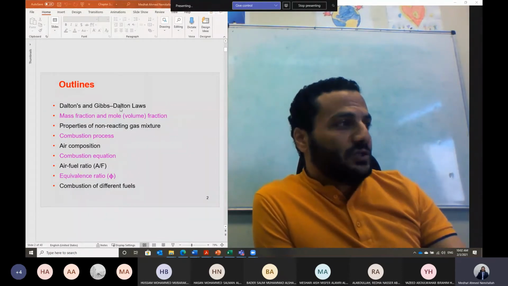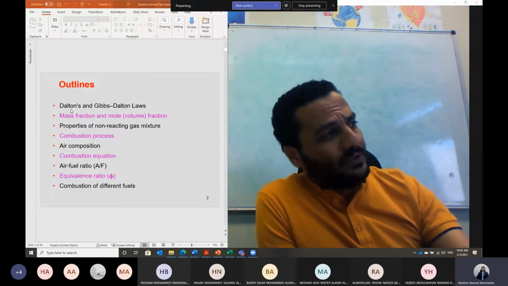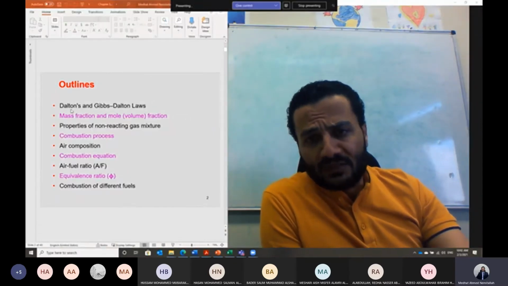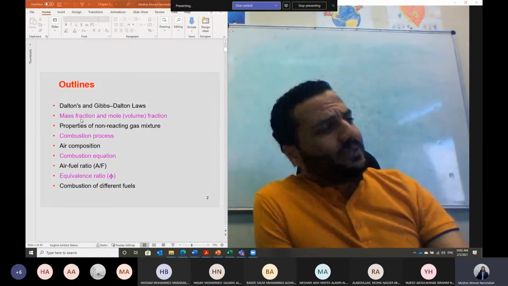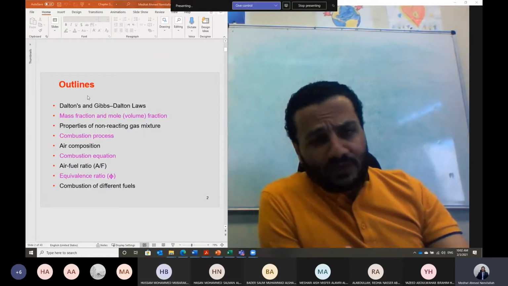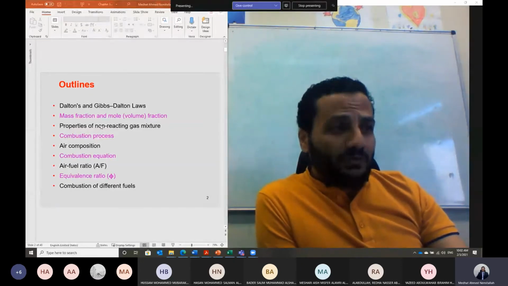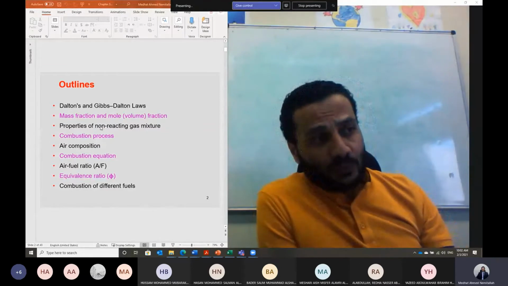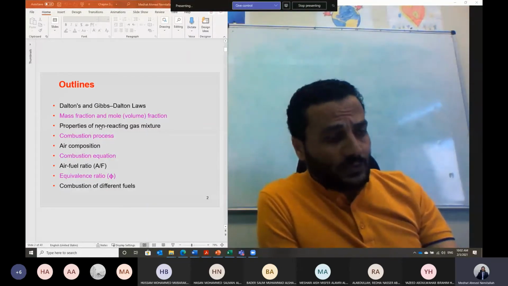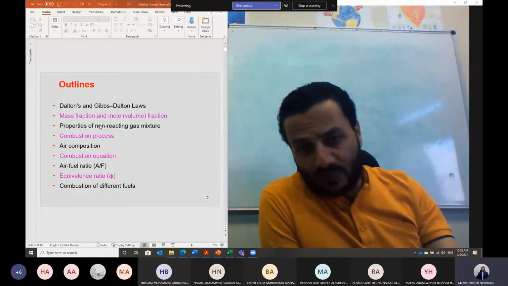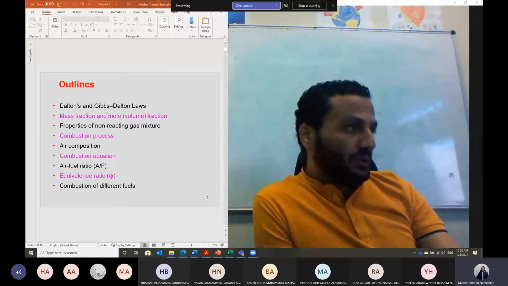So inshallah, shabab, in this chapter, we'll start simply with the gas mixing. I'll be talking about Dalton and Dalton's law for mixing of a gas mixture. Then we'll be talking about mass fraction and the volume fraction, and I think you know about that. Then if we have a gas mixture, how to calculate the properties of this gas mixture, like the internal energy, enthalpy, how to calculate also the specific heat at constant pressure, specific heat at constant volume, if we have a gas mixture.